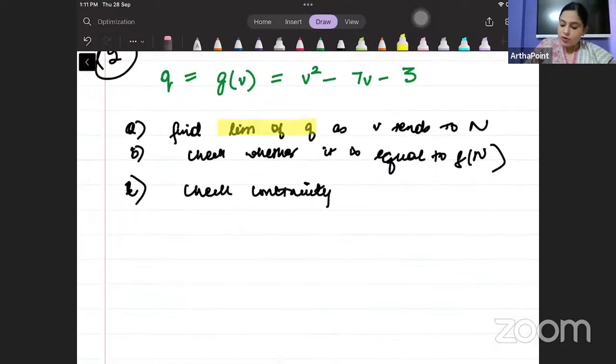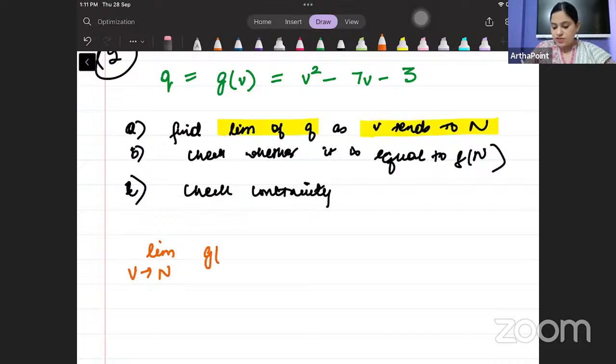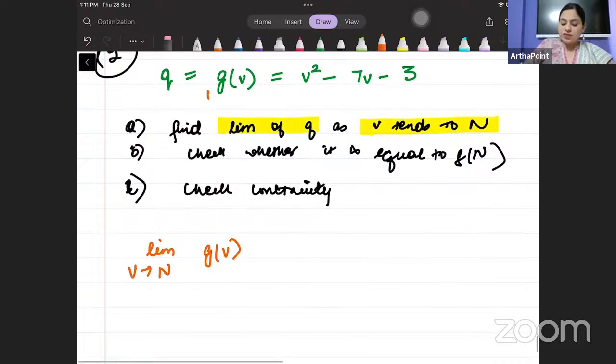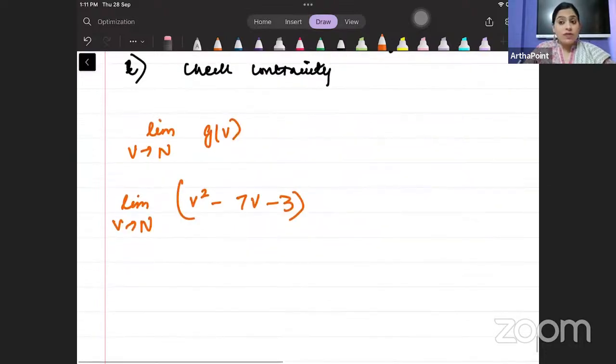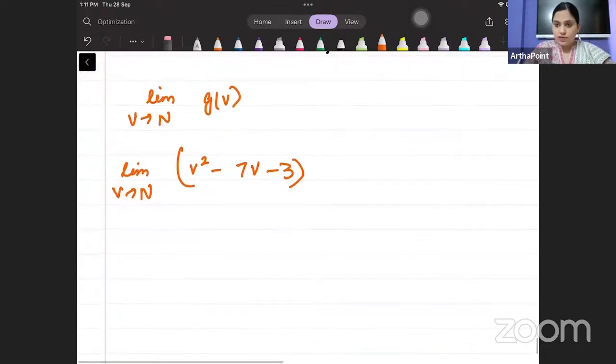So check limit of Q as V tends to N. तो कैसे करेंगे? Limit V tends to N GV. What is that beta? This function. So limit V tends to N V square minus 7V minus 3. What rule will you use? I have already explained you polynomial rules, na? Polynomial rule of limit today.